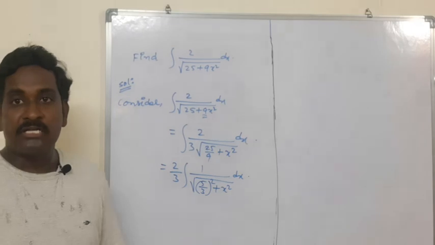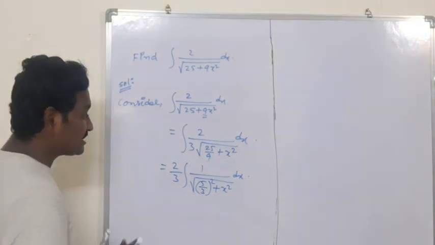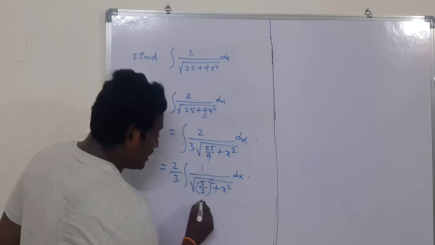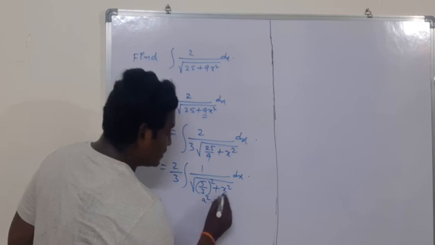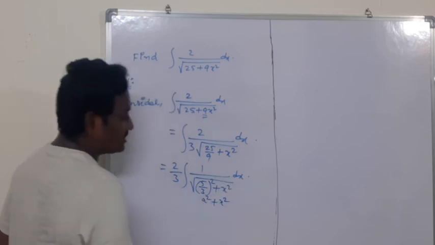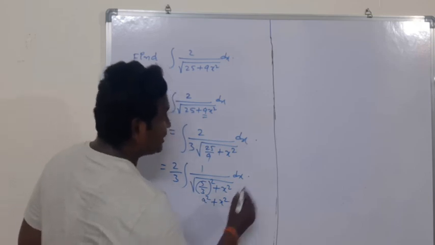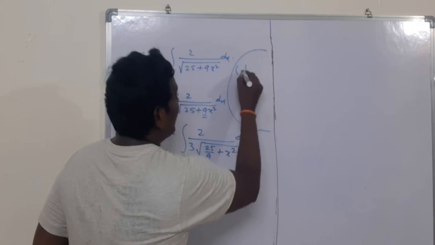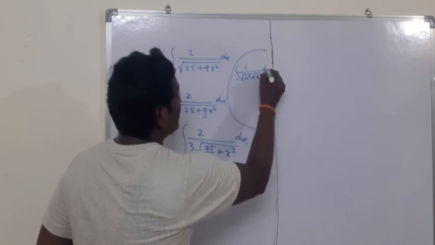Now try to understand the structure of the integration here. Clearly it is in the form of integration of 1 by root over a square, the constant is denoted by a square, plus the variable, already x square is there. So this is in the form of integration of 1 by root over a square plus x square.